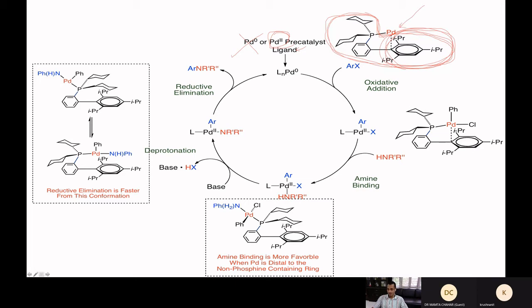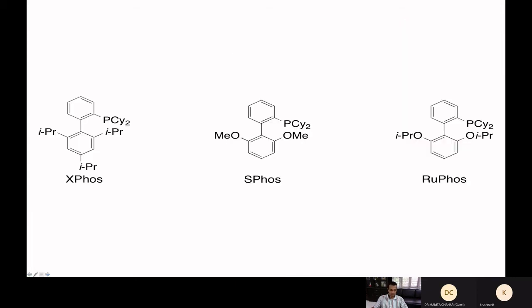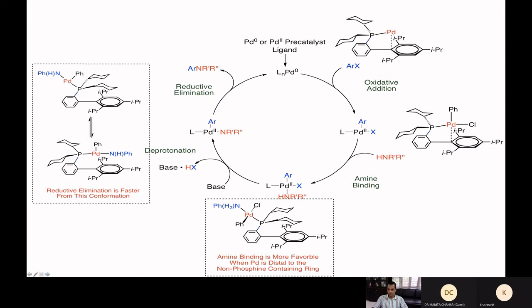So to speak, it gives a 14 electron species. In the absence of this dotted line that you see here, it was 12 electrons, but in its presence, it is really a 14 electron species. That means some sort of stability can be given. So the phosphine binds with palladium, along with this benzene ring.